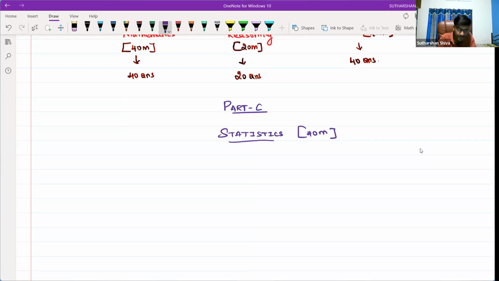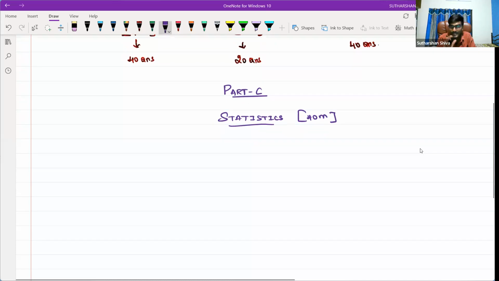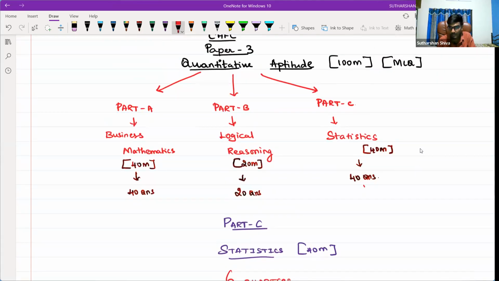This statistics comprises a total of 6 chapters.